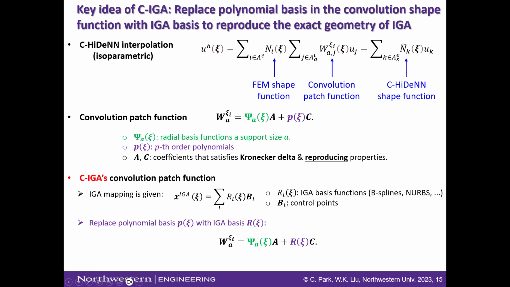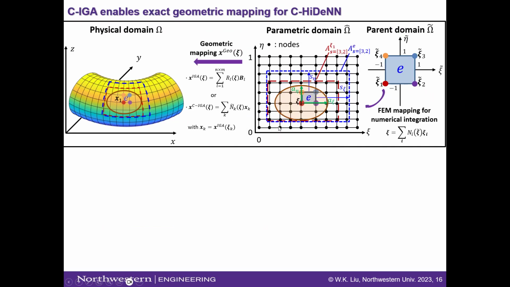So inside this convolution patch function, we want to replace this polynomial basis with the IGA basis. It can be B-spline basis or NURBS basis, but anyway, we are replacing the polynomial basis with IGA basis. That is the key. And we proved that if we do this, we are able to achieve the same mapping as isogeometric analysis. So even with this convolution HiDeNN setting, which is quite similar to standard finite element, we are able to achieve the exact geometry of IGA.